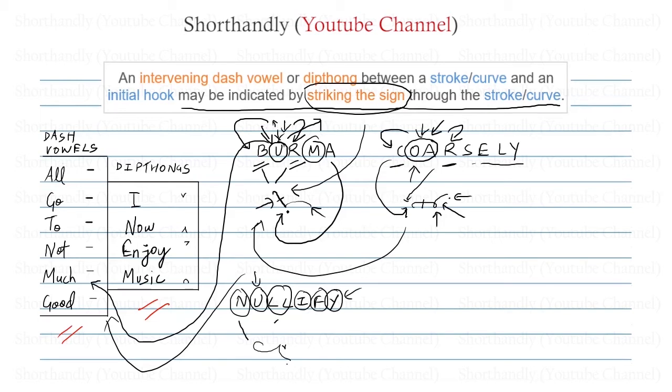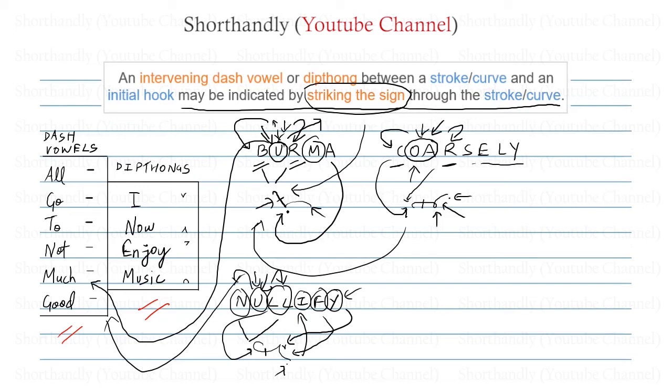So here we can see that we combine both of these so that it becomes null. And then we have this vowel, which is this one. Then we have this F curve, and finally, to get the sound of I, we attach this diphthong. Now we are just left with this A vowel, and because it comes between a stroke or a curve and an initial hook, which is this one, we'll just represent this vowel like this, and hence it becomes nullify.